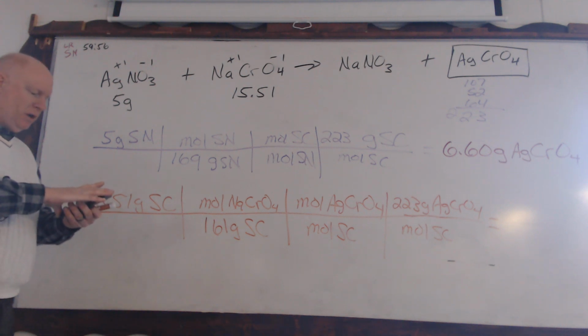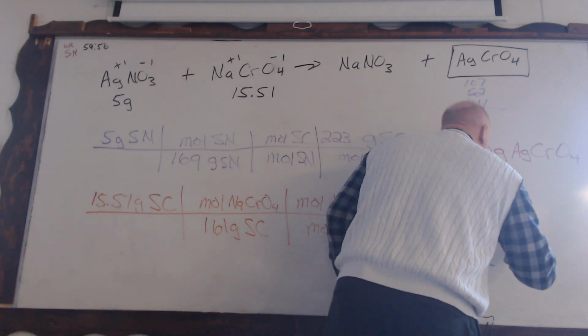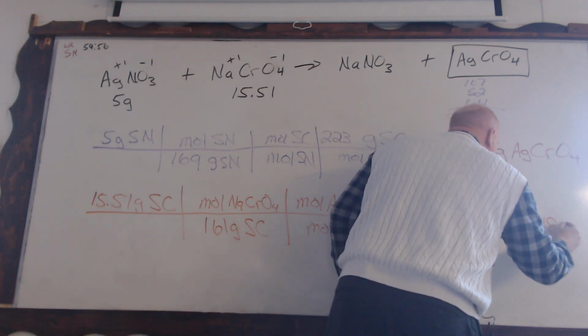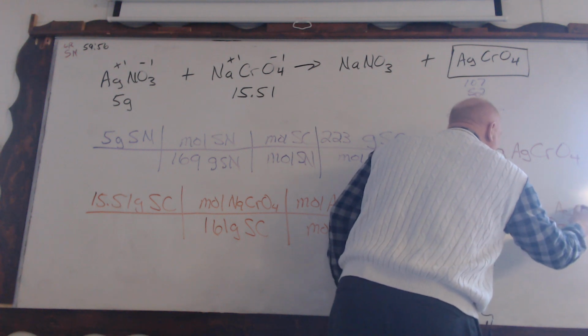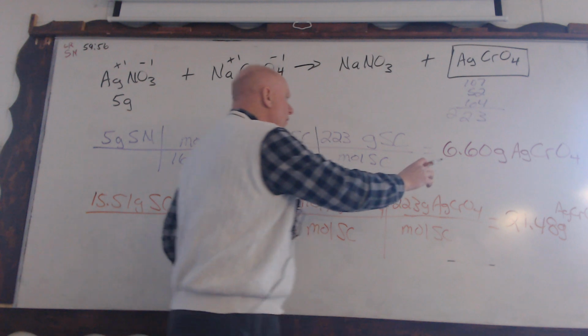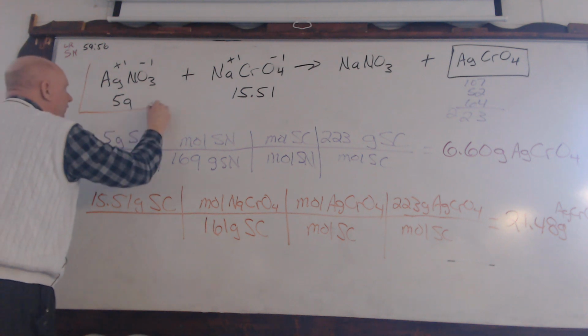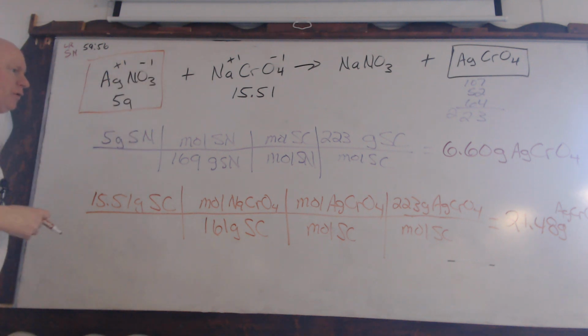That gives us 21.48. This is a smaller number, so just as we had slightly predicted, silver nitrate is our limiting reactant. We just showed that mathematically now.